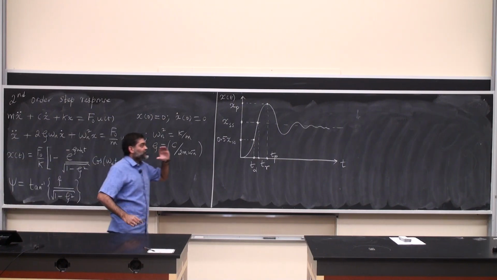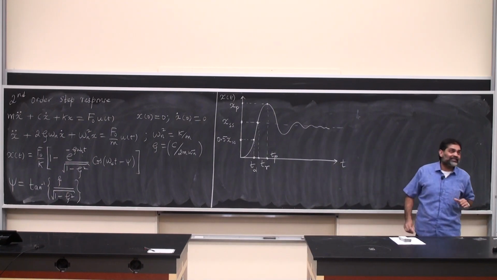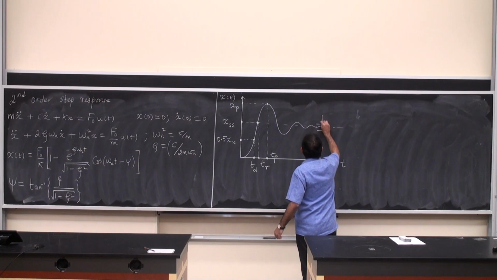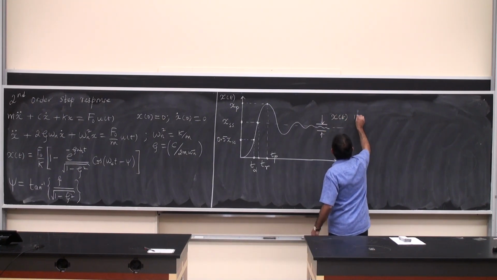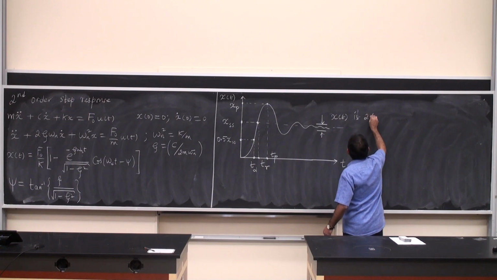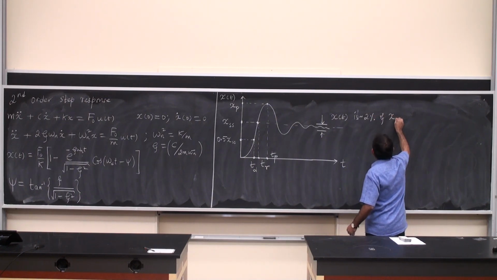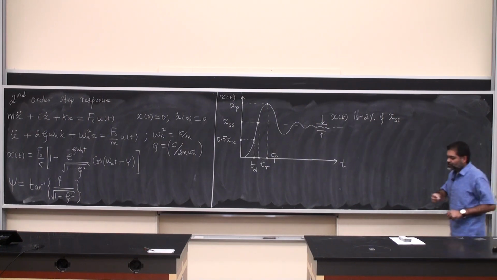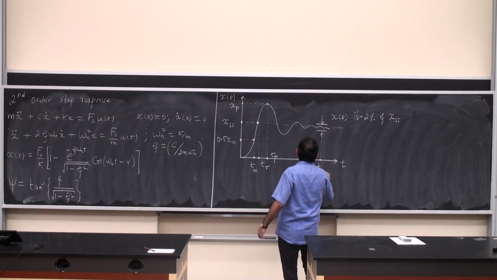The time taken for the system response to reach 2% of the steady state value is the settling time. Okay, so somewhere here, x of t is approximately 2% of the steady state value. This time taken to reach there is the settling time, Ts.